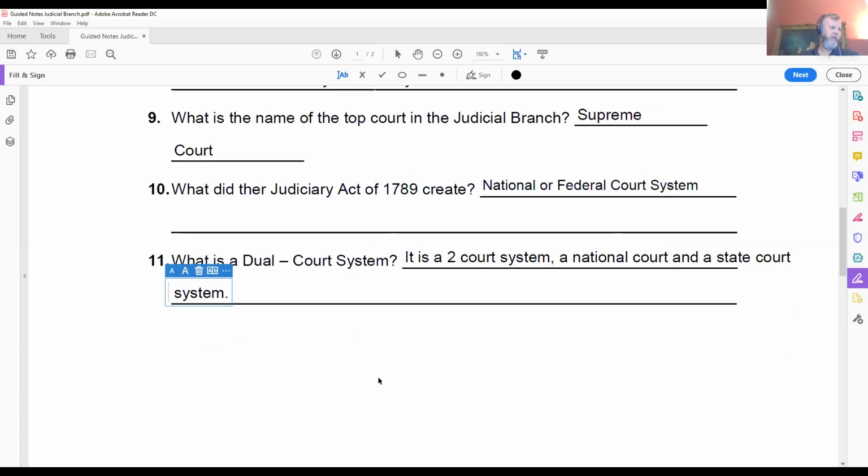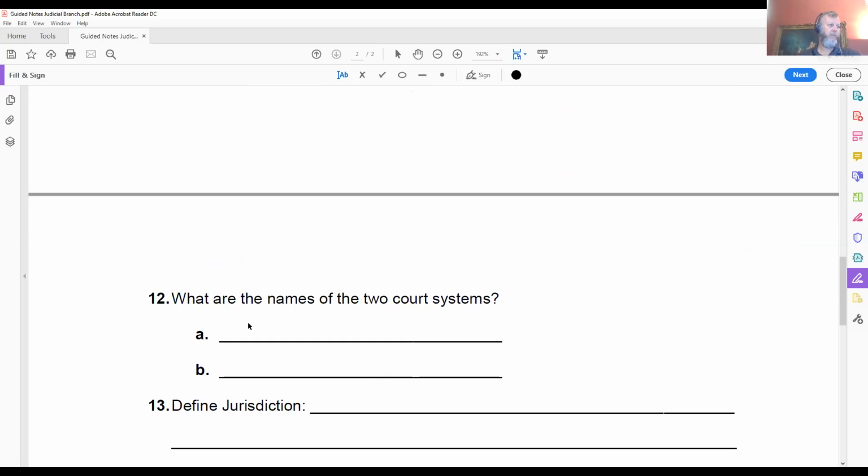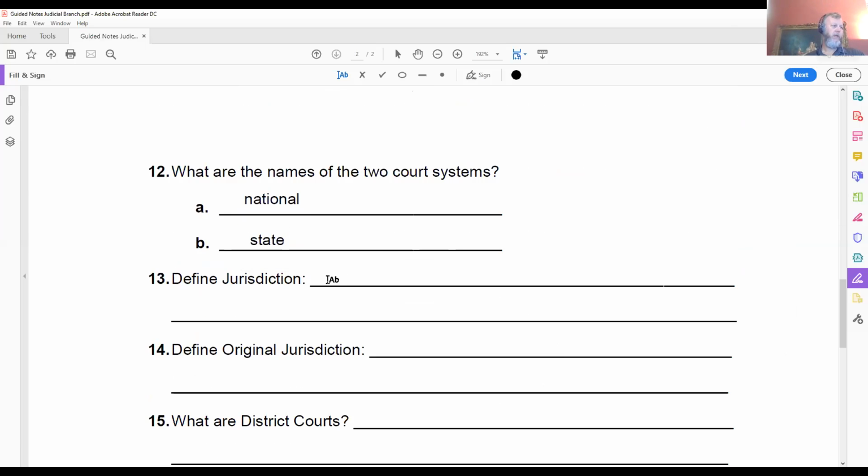All right, which gets us now to page 2. What are the names again, one more time? It is a national, and then we have a state. All right, now we said the jurisdiction, it is where a trial can be heard for the first time. All right, an original jurisdiction then is a little different.